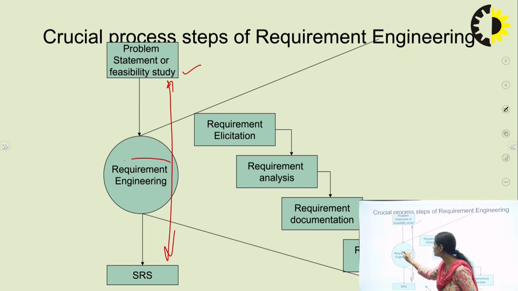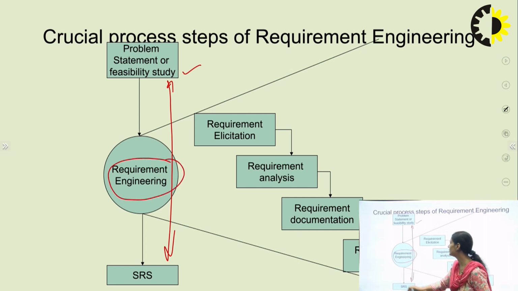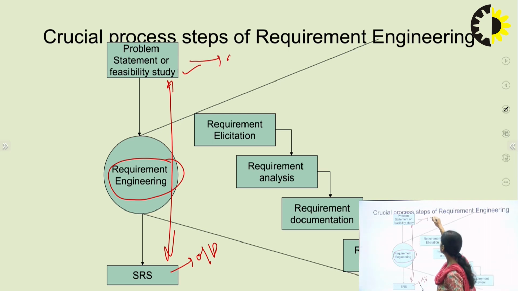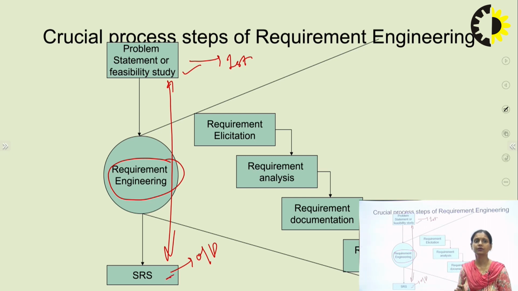Then it moves into the requirement engineering phase, which comprises these four steps, we'll do that later. Once the requirement engineering is done, the output of it is the SRS.